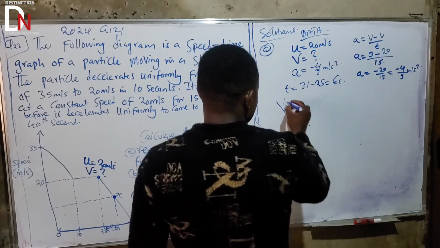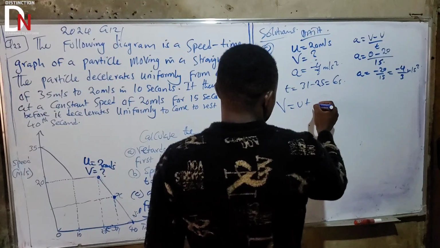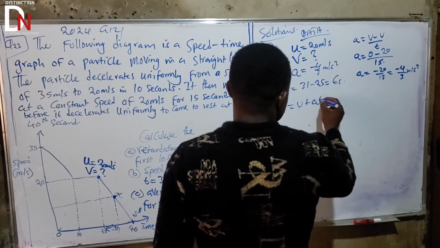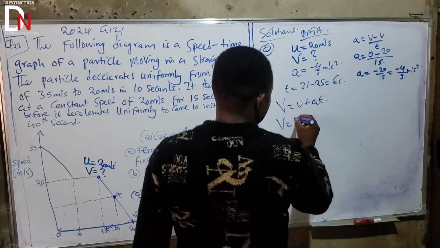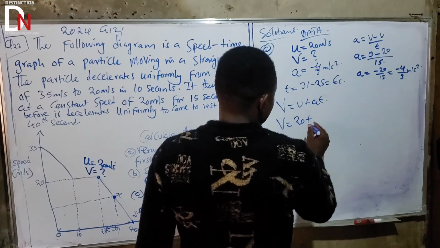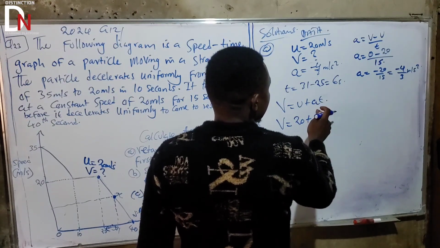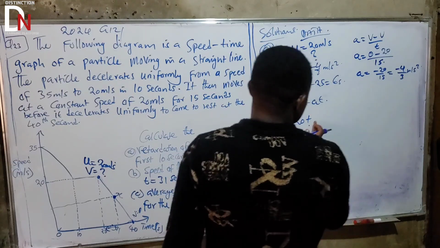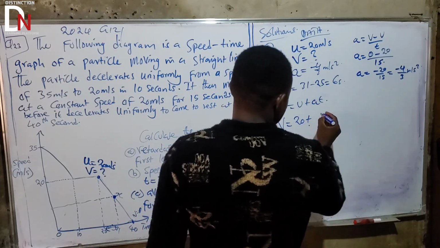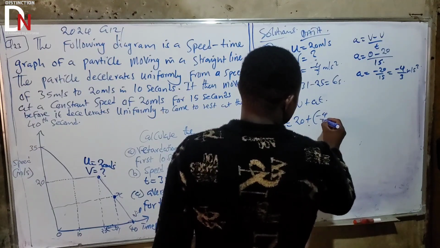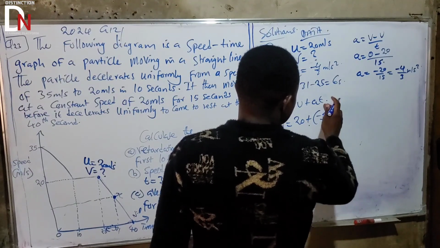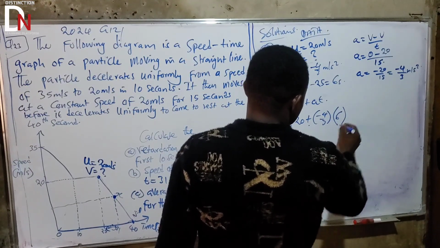Therefore, final is equal to initial plus acceleration multiplied by t. So v is equal to the initial, 20, plus the acceleration, which should be negative because it is deceleration, 4 over 3 multiplied by the time, which was 6.